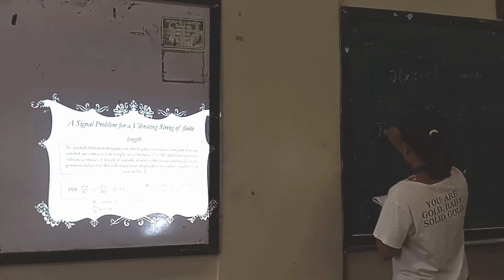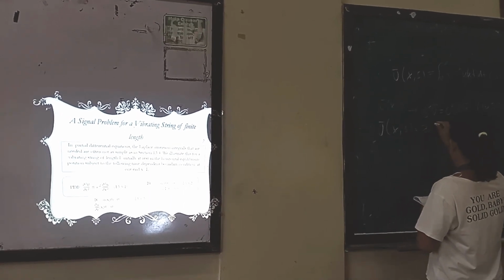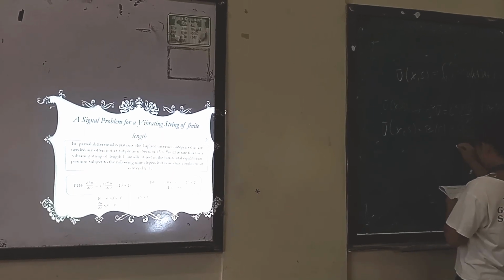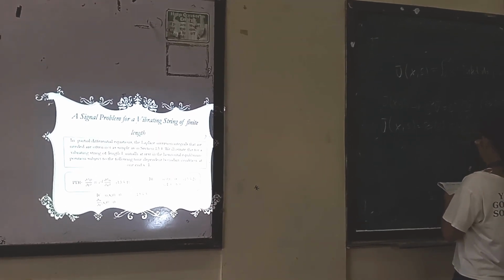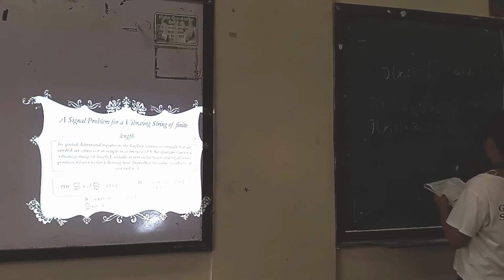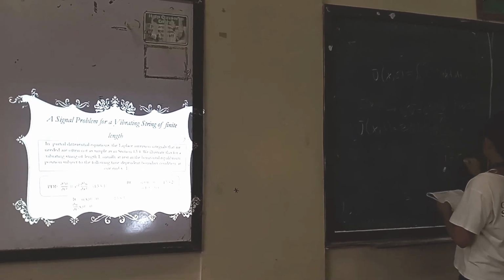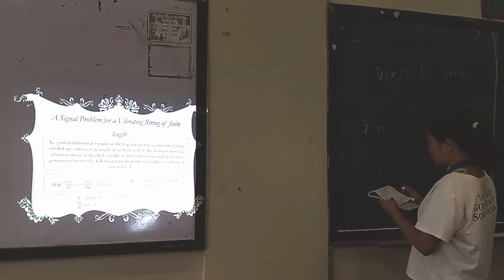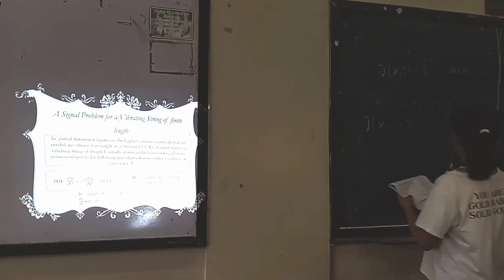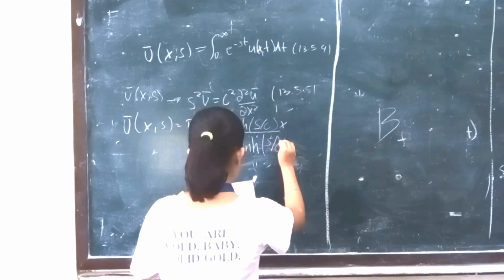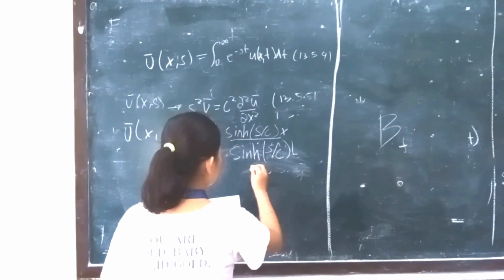So u bar of x, s equals F of s times sinh of s over c times x over sinh of s over c times L. So this is 13.5.6 and 13.5.7.